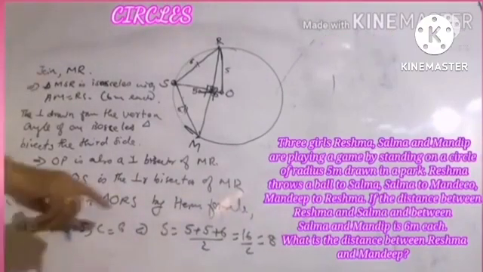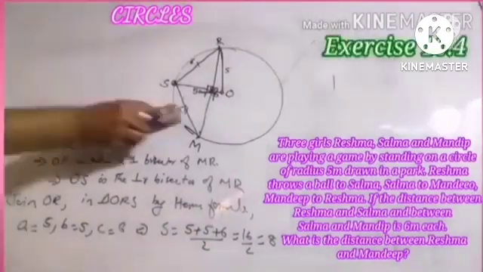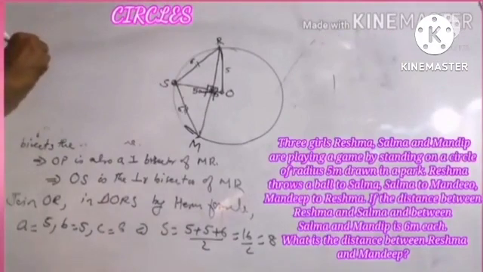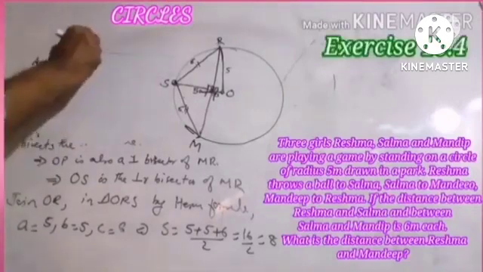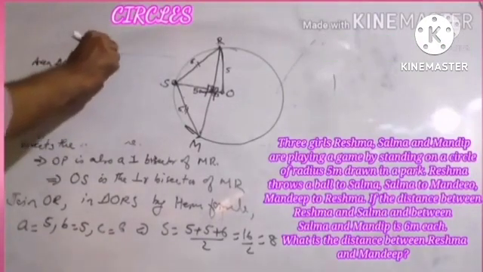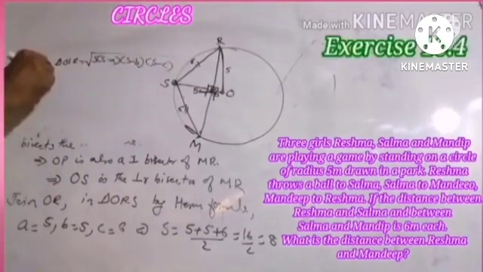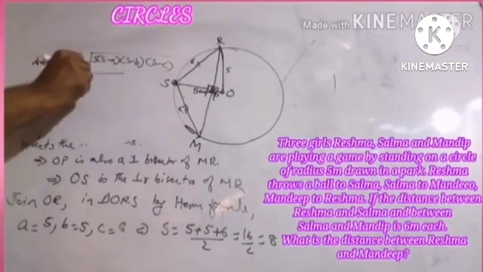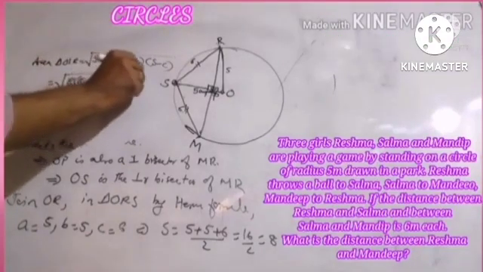Now we have A, B, C and S. Now use Heron's formula to find the area. Area of triangle OSR equals root of S into (S minus A) into (S minus B) into (S minus C), equal to root of 8 into (8 minus 5) into (8 minus 5) into (8 minus 6).